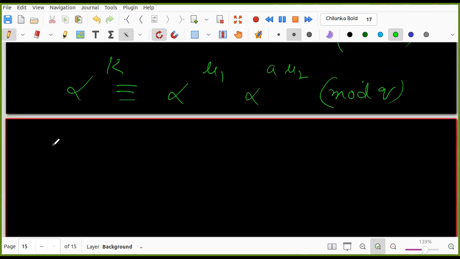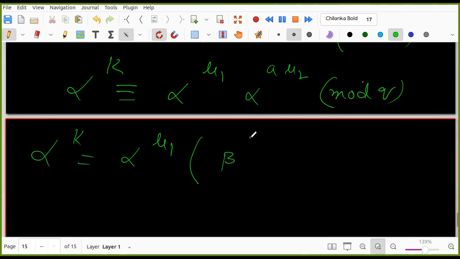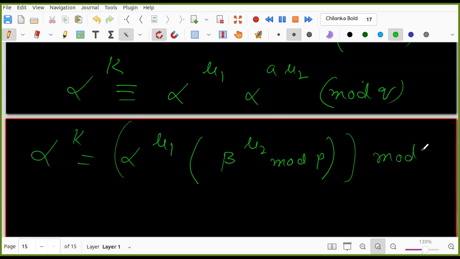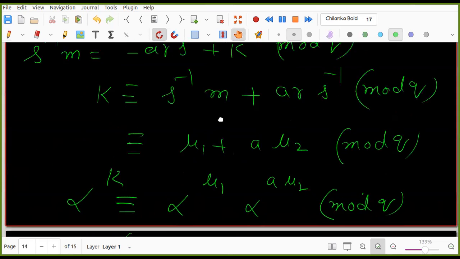So alpha power K is equal to alpha power U1. Now inside, alpha power A is beta, so beta power U2 mod P. Alpha power A equals beta mod P. That's why it is inside mod P. What is the value of V we got earlier?